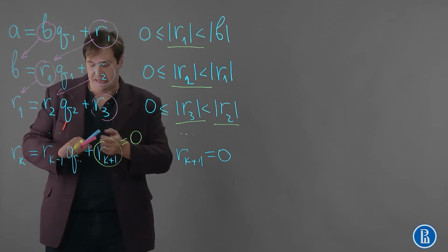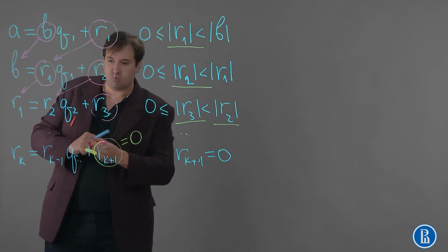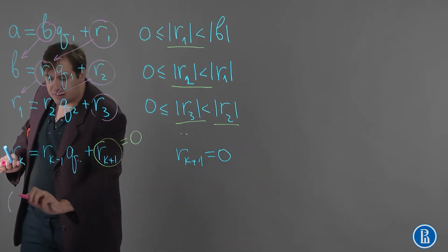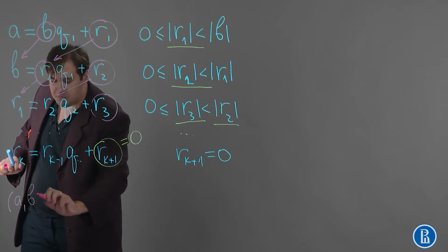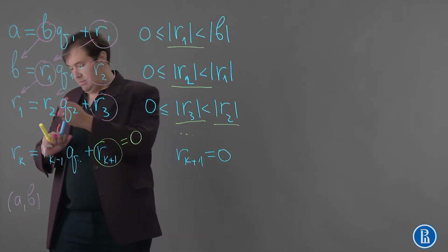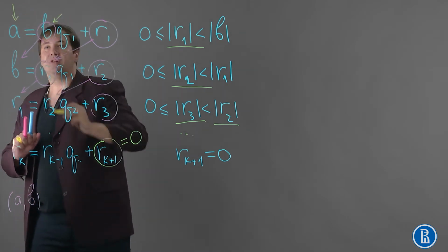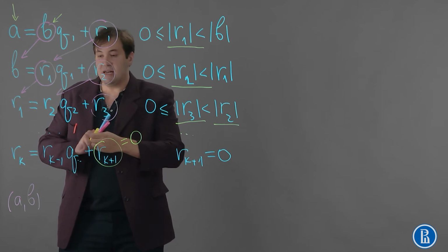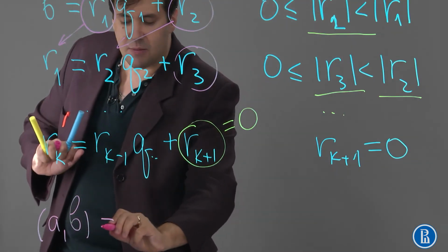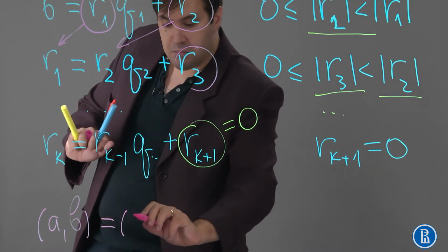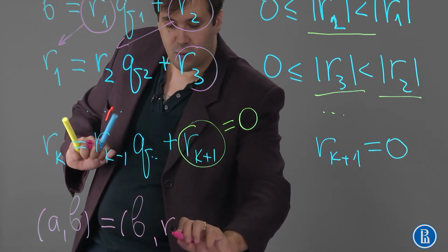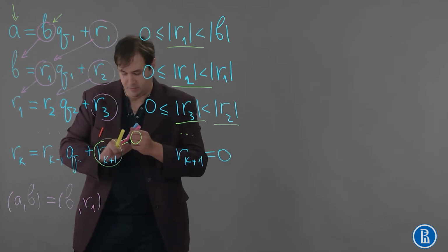Let's notice that the greatest common divisor of A and B is equal to the greatest common divisor of B and R1, our first remainder.